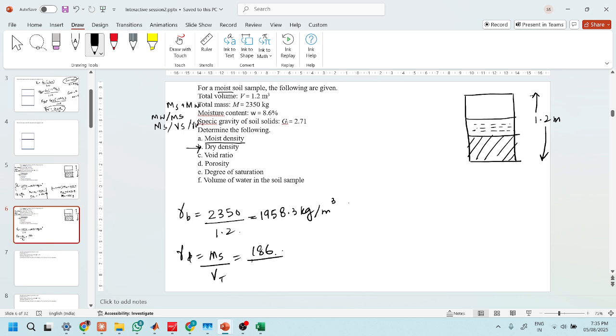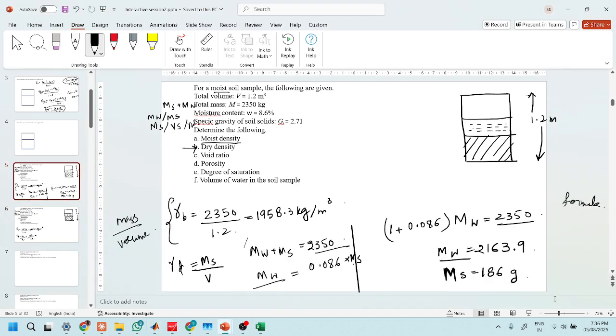Is 186 in grams, no? Cubic meter, how much is this? There are different units coming here. What? 186 is grams, no? No, no, it was kg only.